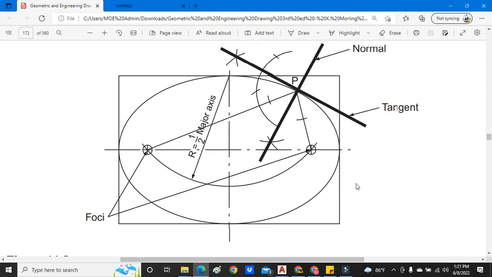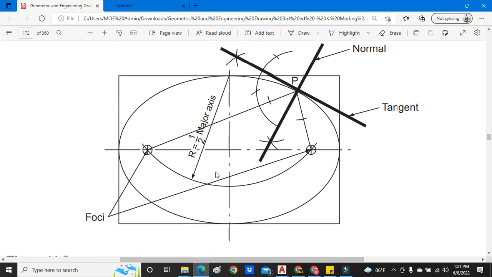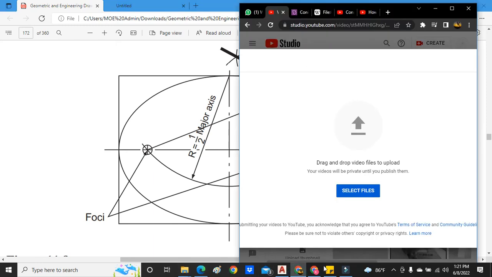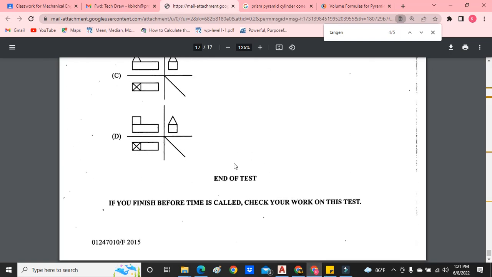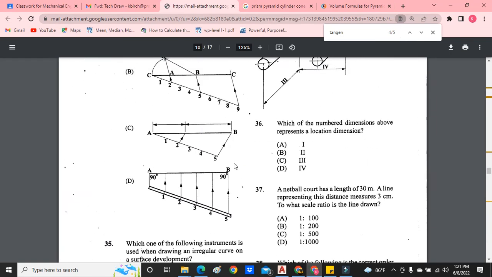CXC can give you a question showing you this, and they can ask you what they're called. But this method, you find your focal point, and then you connect them to a point on the curve of the ellipse, and you construct a 90 for your tangent. You follow me so far? So here is, well, we could do it, but I will show you the question first, and I think we will pause there.